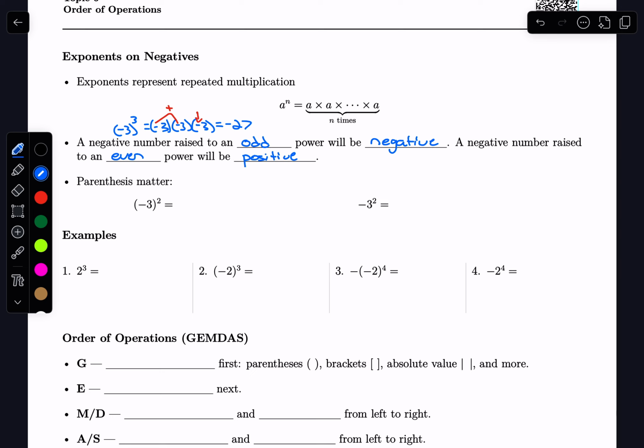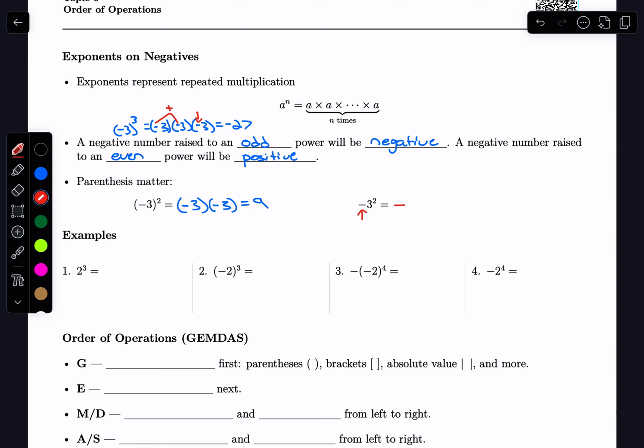Okay, next note is that parentheses matter. So there are two problems written down below. They're exactly the same except one has parentheses, and that makes a big difference. The one on the left, -3 in parentheses to the power 2, means -3 times -3, and that is +9. The one on the right, though, has a negative and then 3 to the power 2. This negative sign is on the outside.